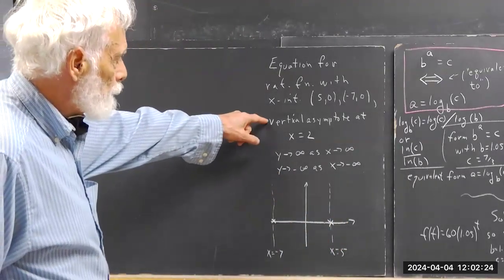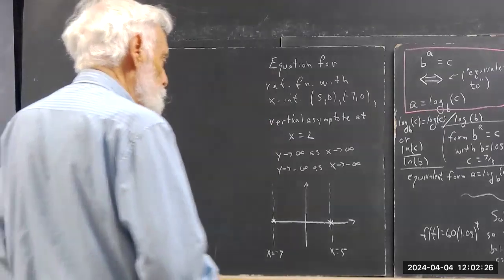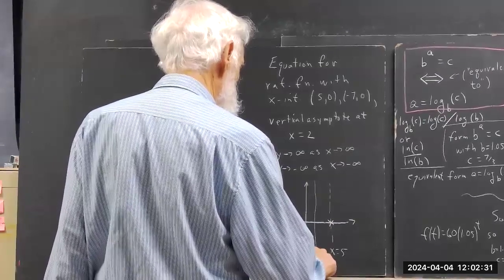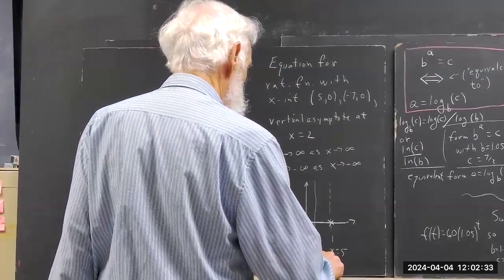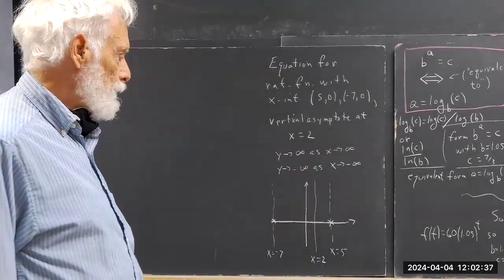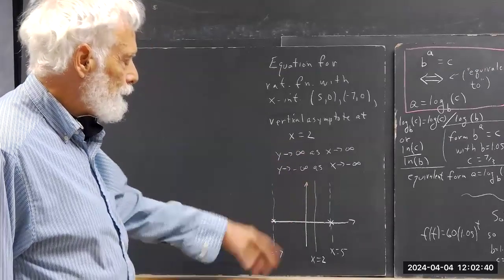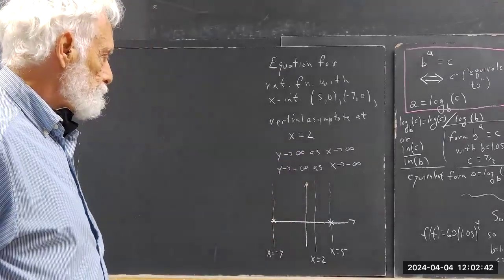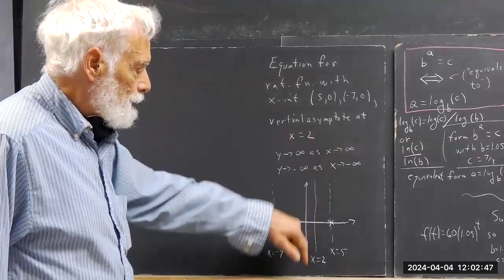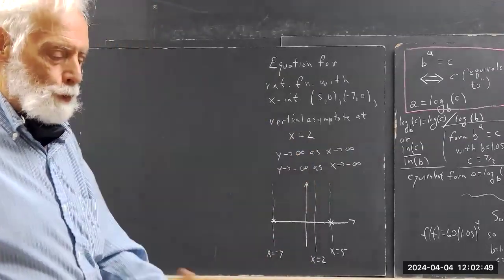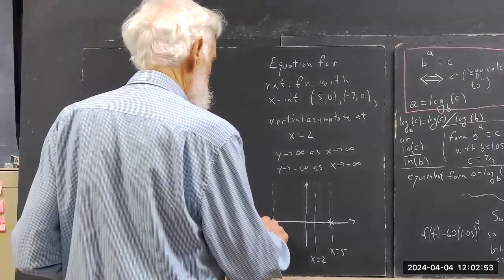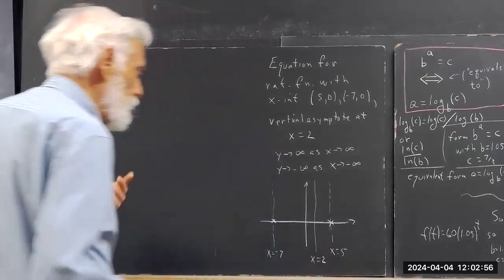Now, we also have a vertical asymptote at x equals 2. Now, I draw that with a light solid line to indicate it's not just a construction line or something like that. It's a line that really has relevance to the graph. Okay. And let's see how that works.